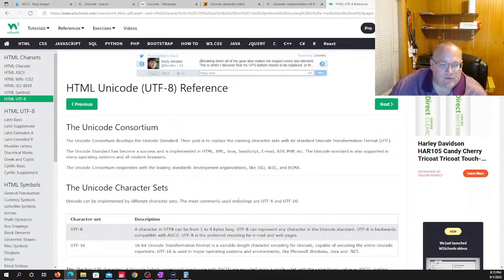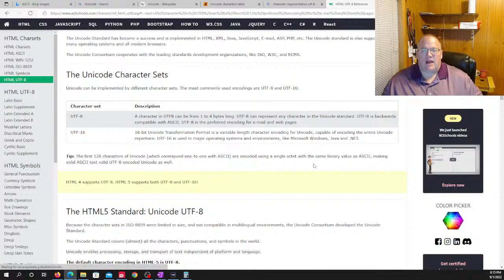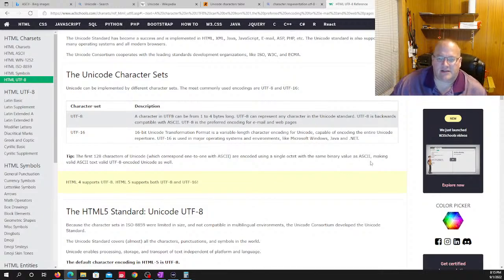Okay, I'll explain what that means. The first 128 characters use a single octet with the same binary value as in ASCII. So most of the time it's just 1 byte, and it's just going to use ASCII code. So it's just going to look at 8 bits, do it, look at 8, do it, look at 8, do it.